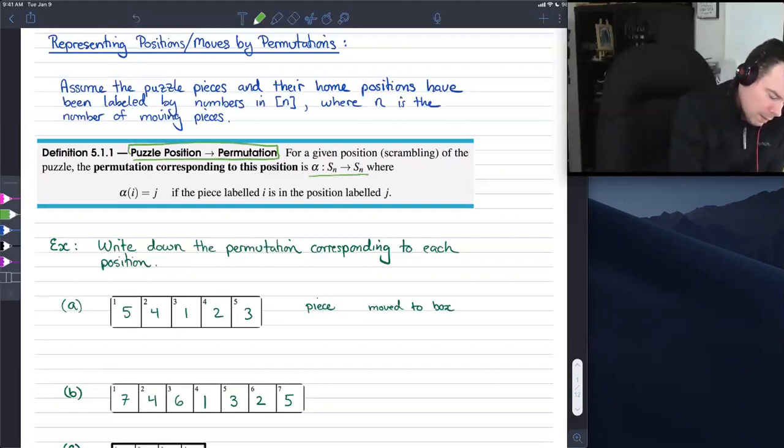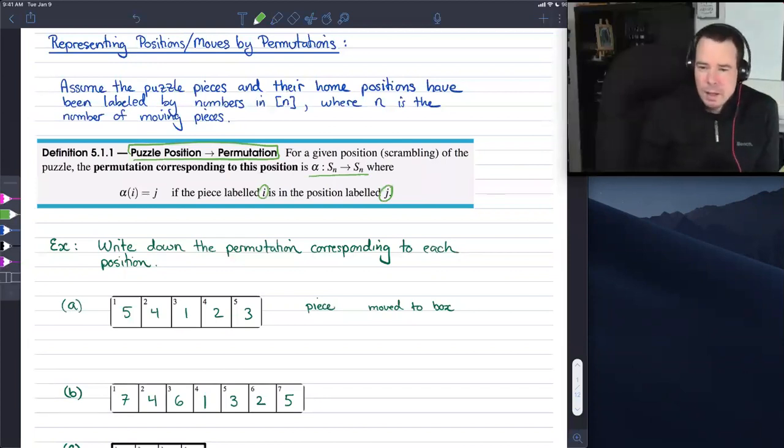If the piece that's labeled I is now in the position that's labeled J, then we say I has gone to J. So the piece that was labeled I has gone to the position labeled J, but you can also think of it as the piece whose home position is I is now in the new position J.